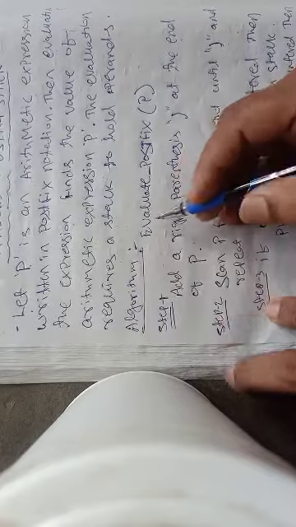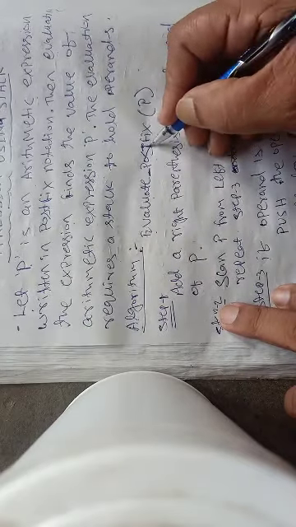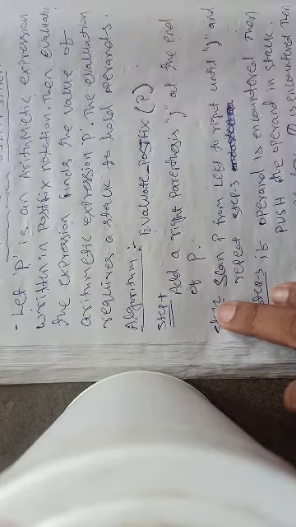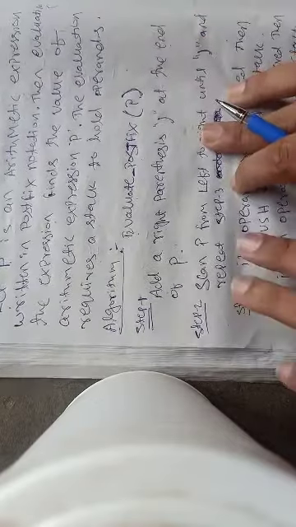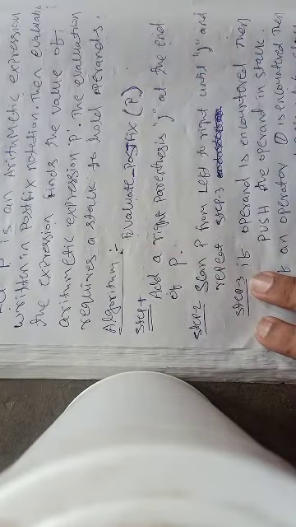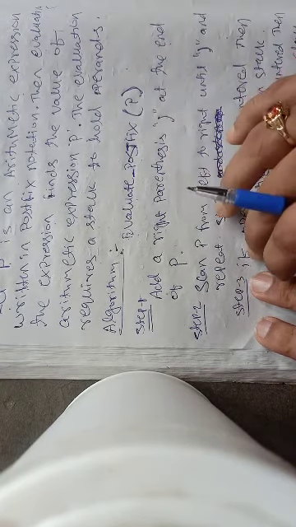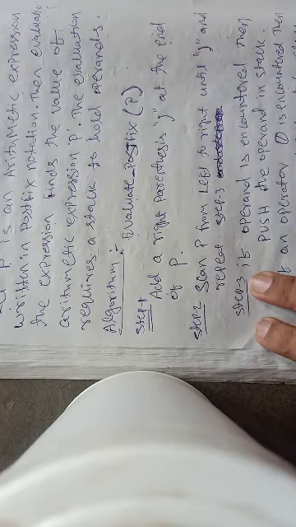The name of the algorithm that I have given is evaluate_postfix, and the parameter that we pass is P. This is our algorithm name. The postfix expression P may contain different operands followed by different operators. We will discuss an example also.